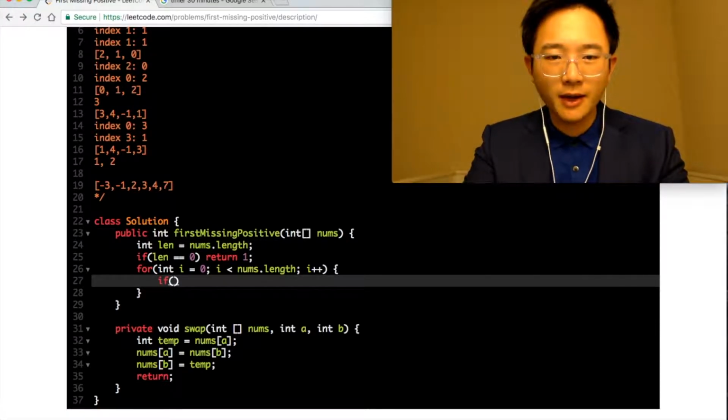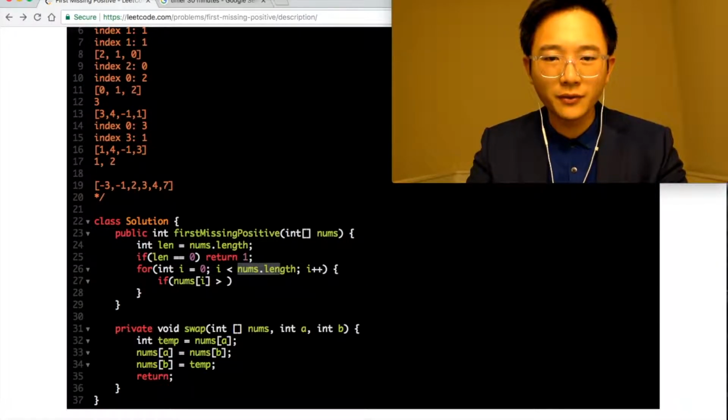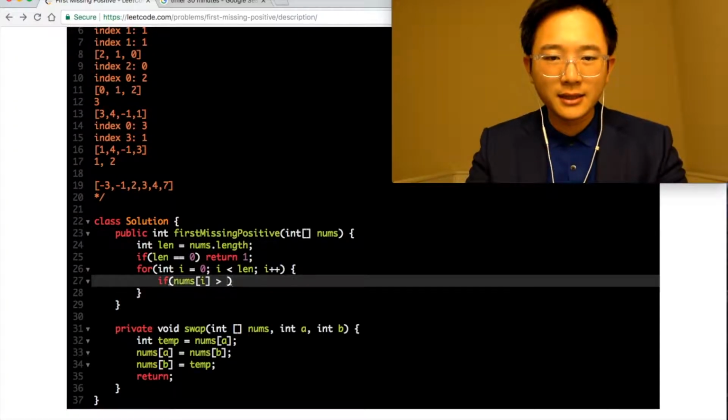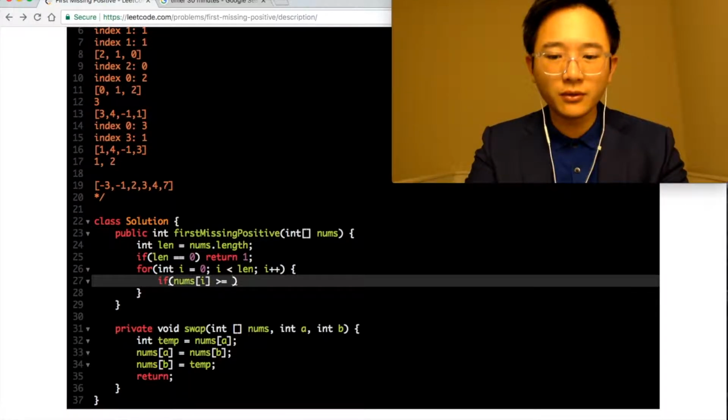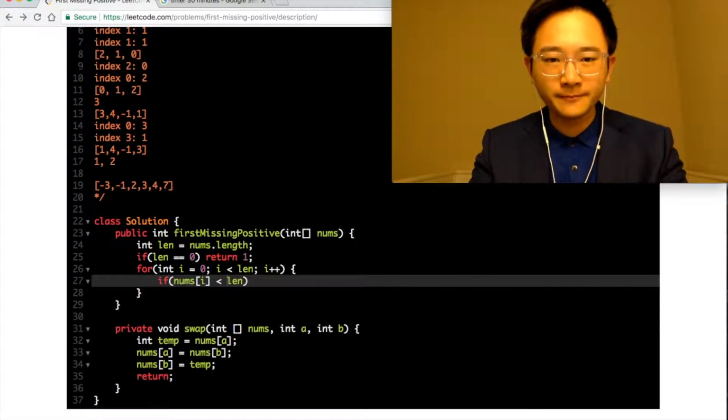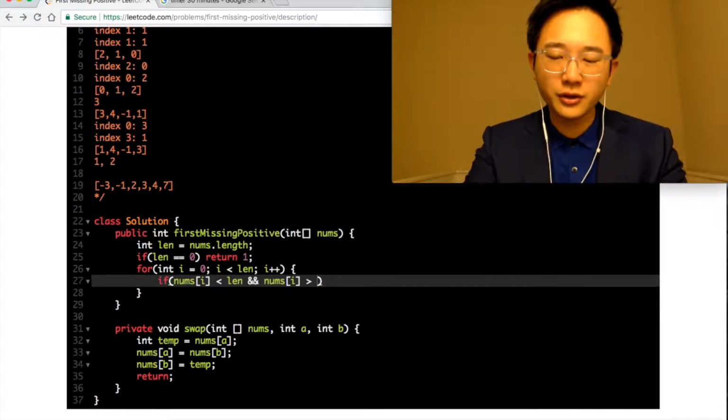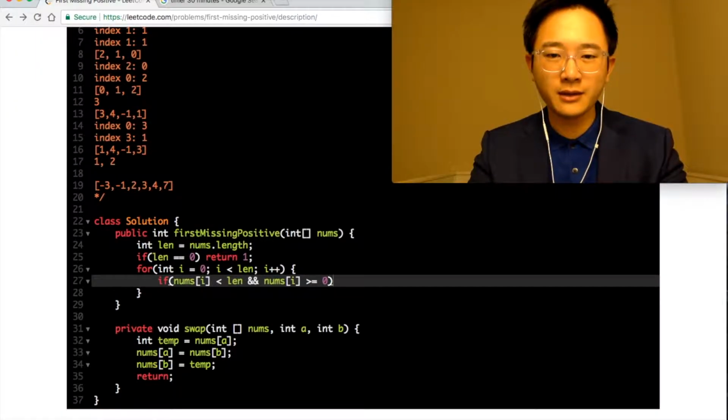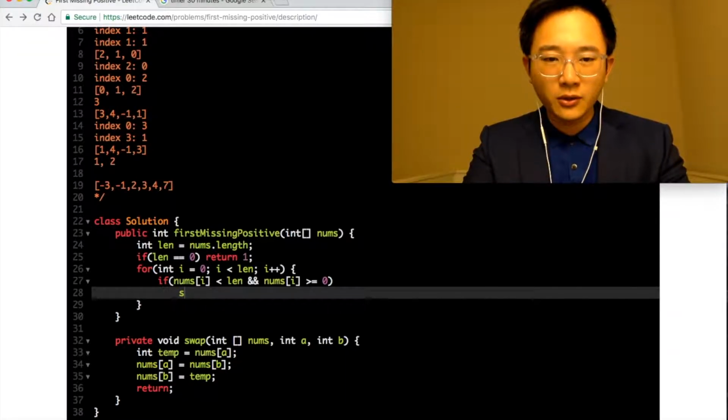and if, okay, first of all, if nums[i] is larger, oh, first of all, I forgot to change this back, is larger and equal to length. Well, actually, if this is less than length and nums[i] is larger and equal to 0, which means we can safely continue with swapping.